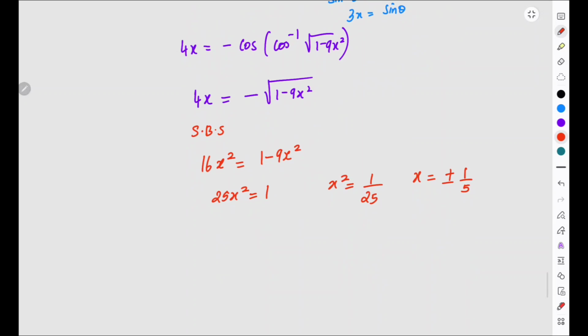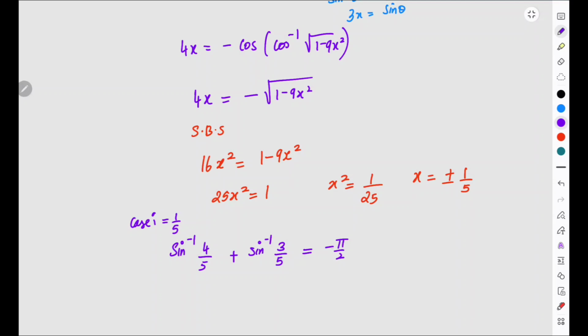Now let us substitute and check which one is getting satisfied. So case 1 we are taking 1 by 5. Sine inverse 4 by 5 plus sine inverse 3 by 5, whether it is equal to minus pi by 2.